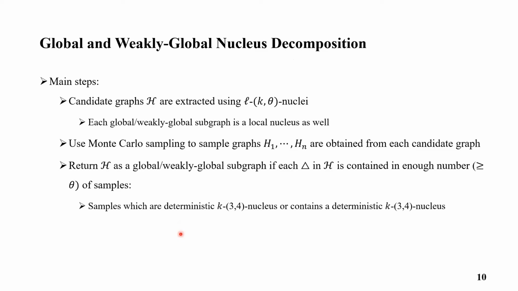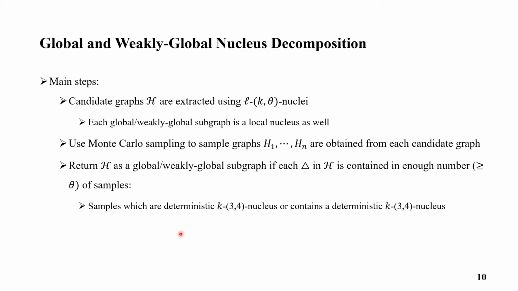Regarding global and weakly global nucleus decomposition, the general idea is that we observe that a local nucleus subgraph can be a good candidate for global and weakly global. This is because we prove that each global or weakly global subgraph is a local nucleus as well. So once we extract local nuclei candidates, we use Monte Carlo sampling to obtain samples of these candidates.